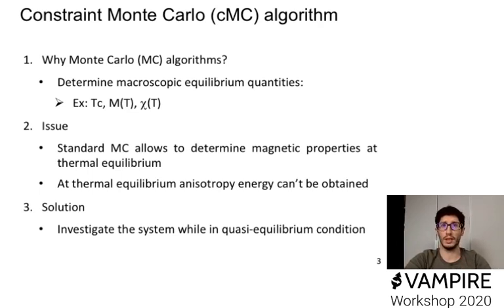So the idea was to actually keep the system globally out of equilibrium, while at the same time allowing the spin system to macroscopically achieve thermal equilibrium.